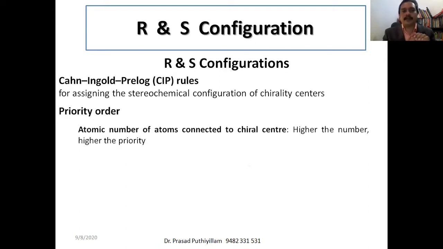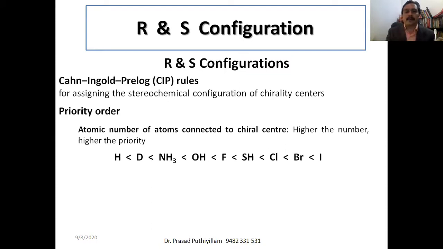The first point in the CIP rule says that we check the atomic number of the atoms connected to the chiral center, the center carbon atom. The lower the atomic number, the lower the priority; the higher the atomic number, the higher the priority. Therefore, we can give the priority order here.